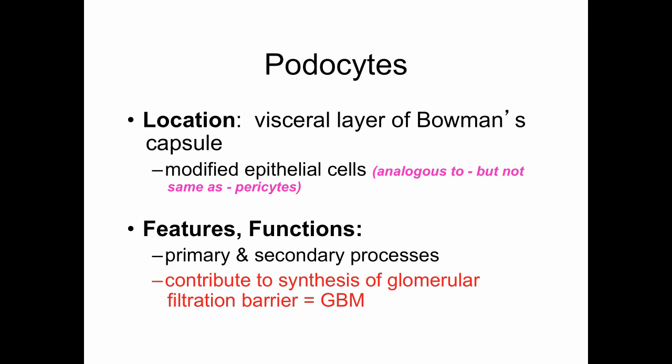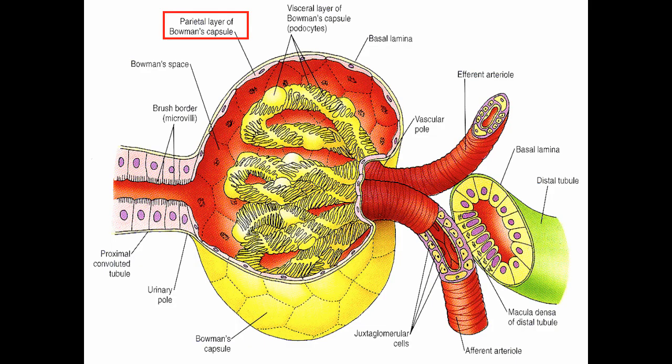With respect to the podocytes, you'll come to appreciate that podocytes have primary and secondary processes on them, and the podocytes also contribute to the synthesis of the glomerular filtration barrier, the so-called glomerular basement membrane.